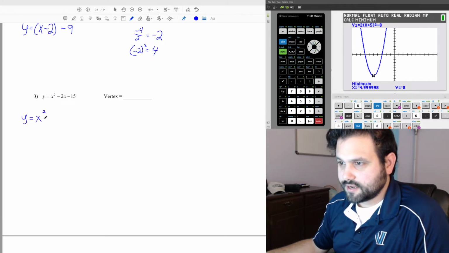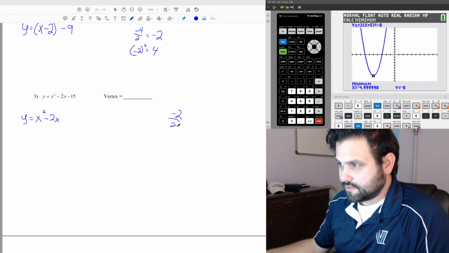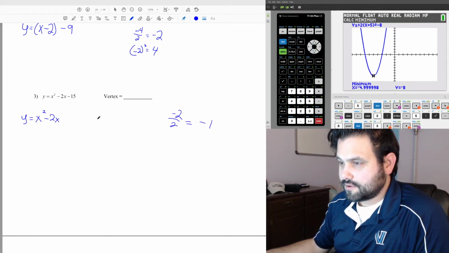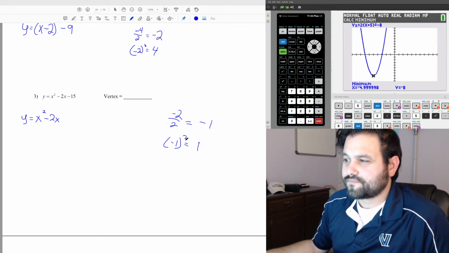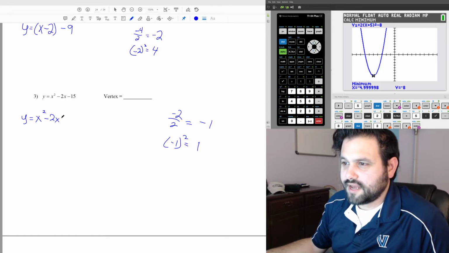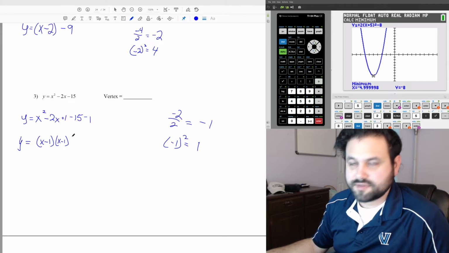Y equals x squared minus 2x, and then my side work here, half of -2 is -1, and -1 squared is +1, so I'm going to add the 1 here, and I'm going to subtract the 1 from the C value. So this is now factorable to x minus 1 times x minus 1, or if you want to just jump to x minus 1 squared.